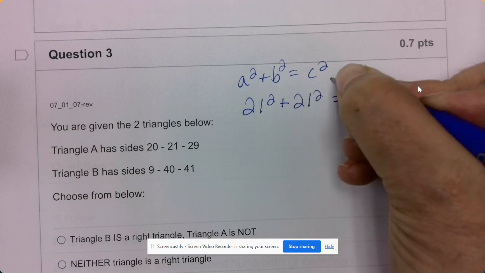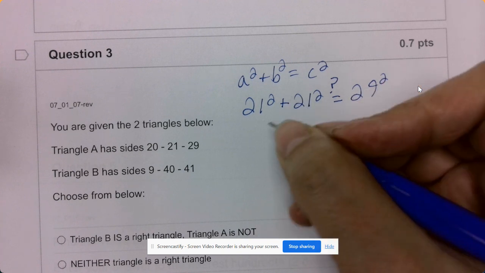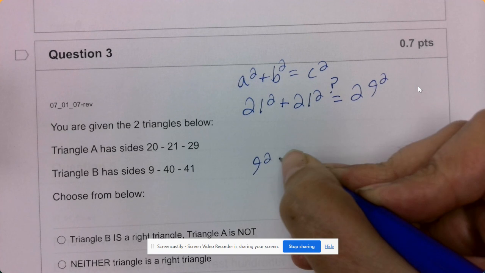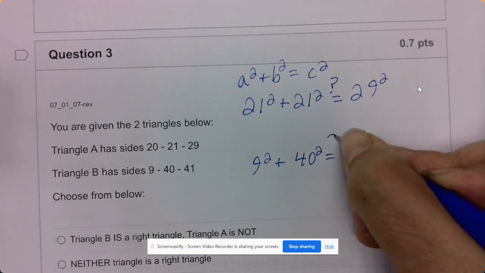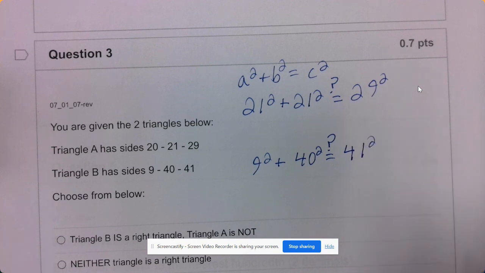Is that equal to 29 squared? We're going to plug them in the calculator and see, and we'll do the same thing with the next one, 9 squared plus 40 squared. Is that equal to 41 squared? If it's a yes, then it's a right triangle. So we plug them in the calculator.